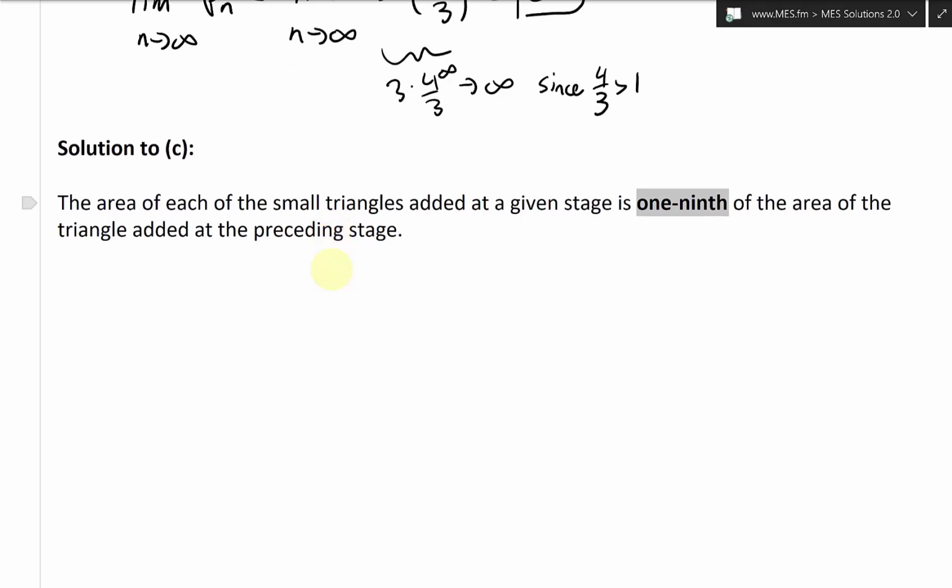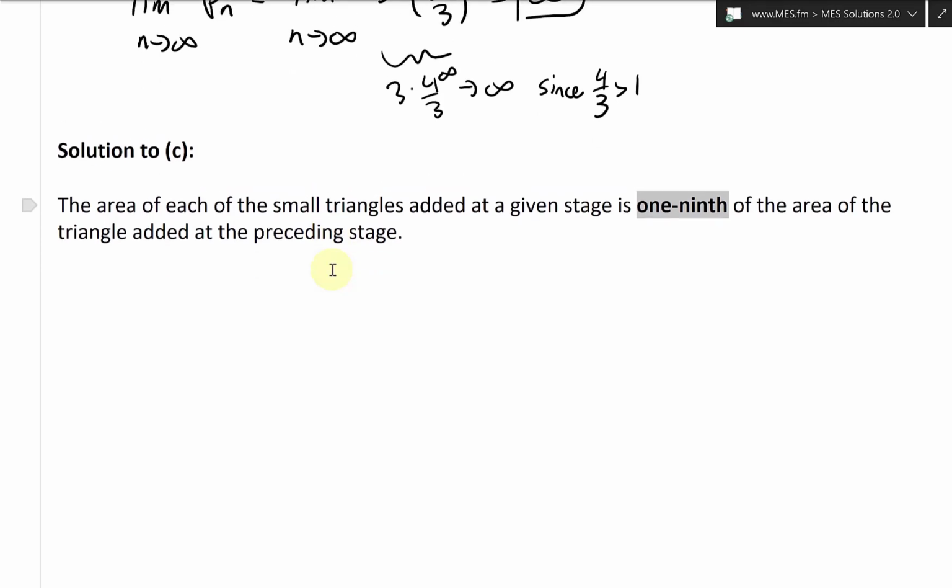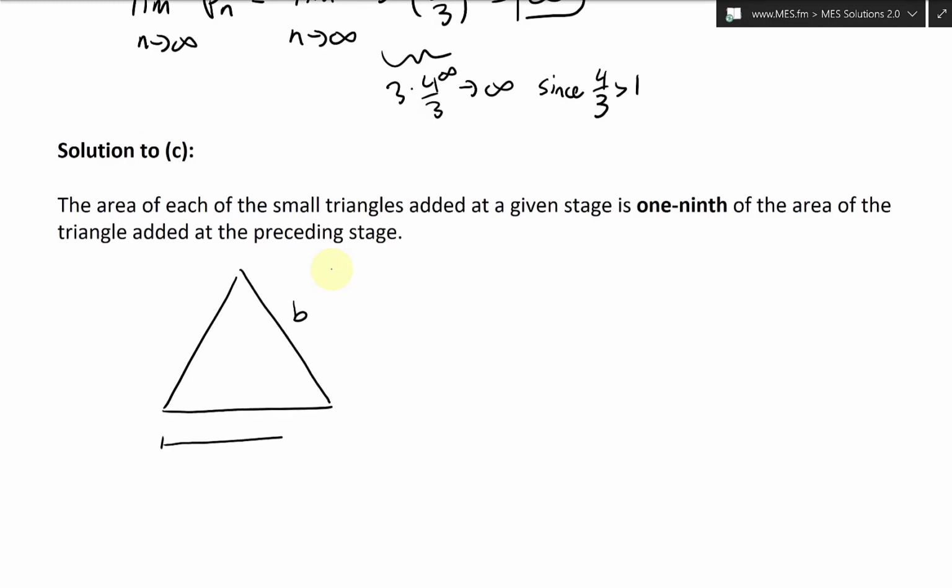Just to illustrate this, let's say we have an equilateral triangle like this, and the base is B. Here is a right angle, and this side is also length B, and the height is H, and let's say the angle here is theta.